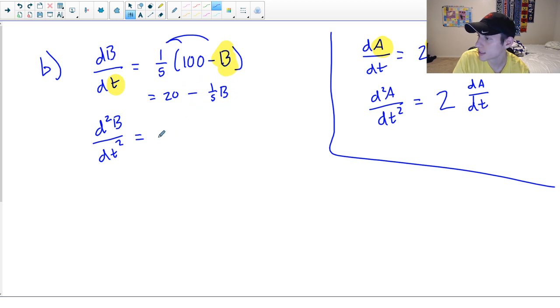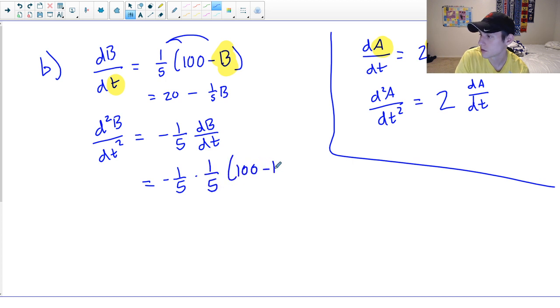The derivative of negative 1/5 B, so that's negative 1/5, but this is B. This is not taking the derivative with respect to t. So we'd have to use chain rule, dB/dt. Well, dB/dt is this stupid equation again, right? So 1/5 times 100 minus capital B.